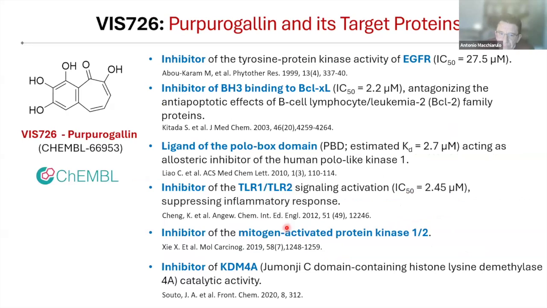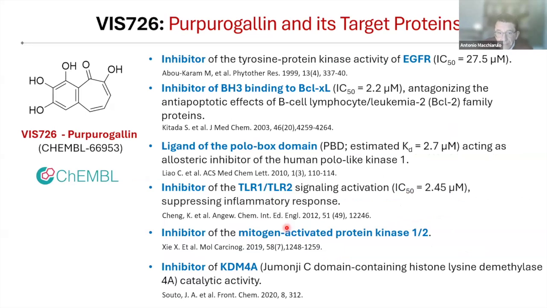Going to the ChEMBL database, where all known ligands in the literature are annotated with biological activities but also target engagements, we were able to see that this compound was reported to bind to several targets.